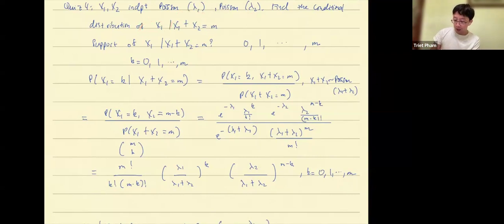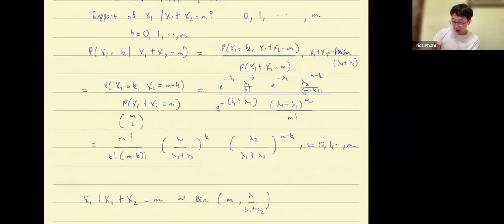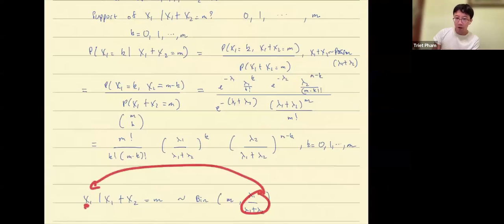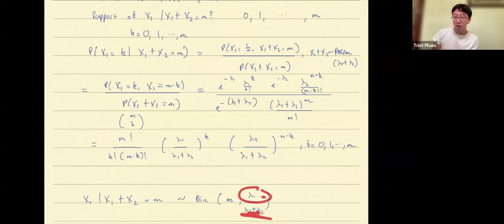So in general, it makes sense that the success rate, which is basically how likely it is that a particular arrival is of the first type rather than the second type, is a ratio of the average arrival rate of that category over the total arrival rate.